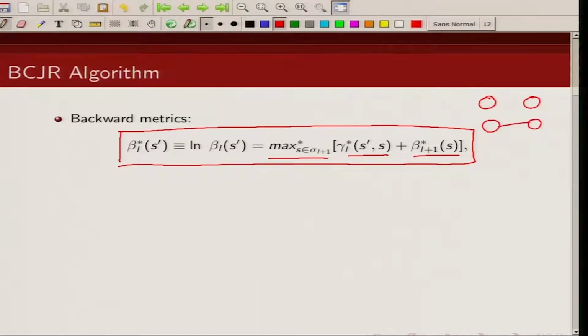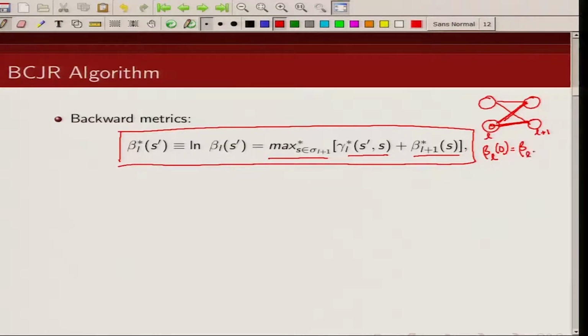So, let us say you had this thing. If you are interested in computing beta at L, this is time L plus 1, this is time L. Beta L 0 will be, so these are the two branches that are terminating here.